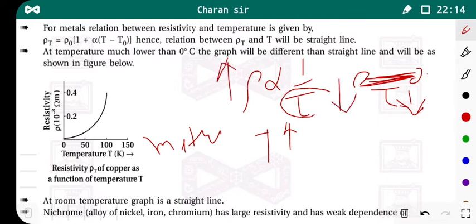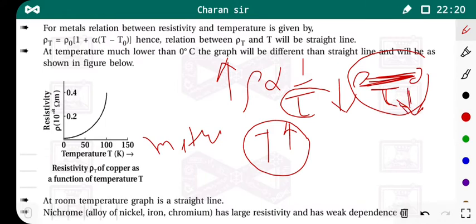When temperature is increased, the collision rate increases, the relaxation time decreases, and the resistivity increases. In short, when temperature is increased, the resistivity of metals also increases.